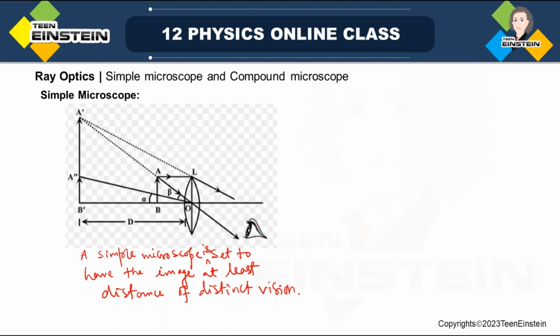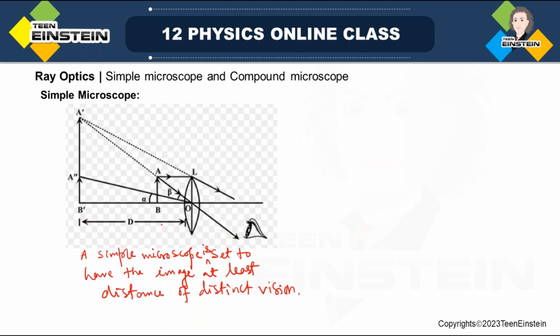And look, the eye is very close to the lens. So anything we measure from the optical center of the lens is equivalent to the measurement done from the eye itself, because the eye will be placed very close to the lens.